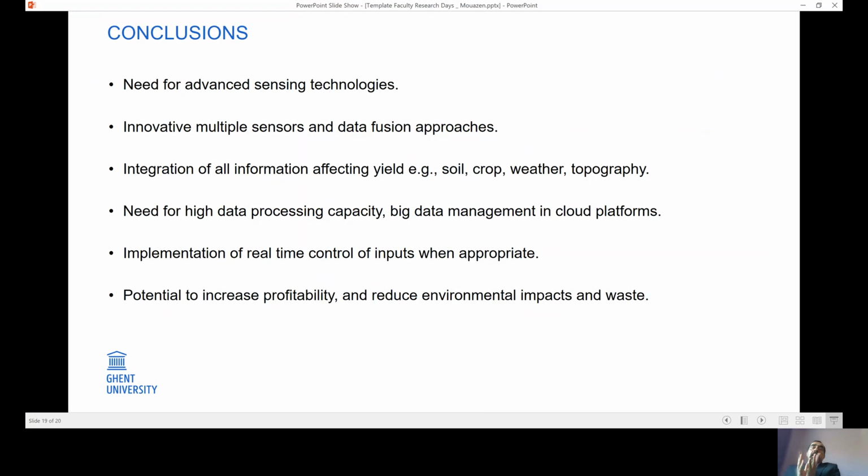We need to have a high processing capacity and maybe perform calculations in real time in the cloud. And where it's possible, we should implement real-time control of farming input. It's clear that there is a huge potential, not only from an economic, but also from an environmental point of view.